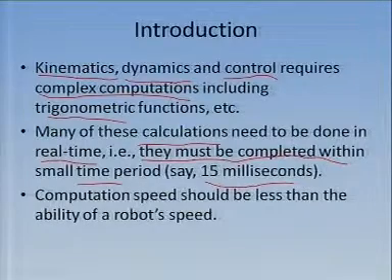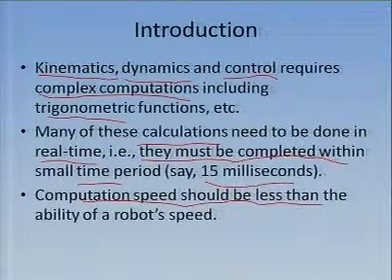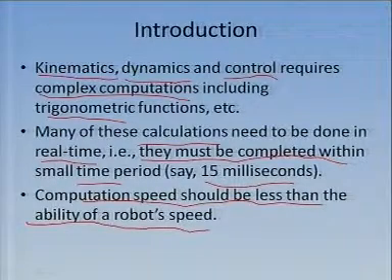That means all 6 joint motions should be known to the controller within 15 milliseconds. Then only can you approach the speed. So the computational speed should be less than the ability of the robot's speed, which I have just explained with my hand.